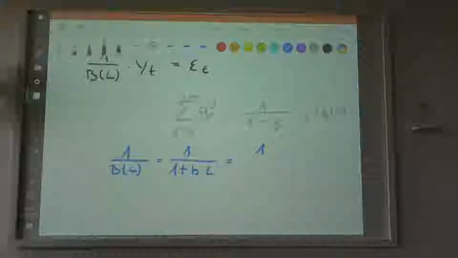So this is going to be equal to 1 over 1 minus, in parentheses, negative b times L. Then it becomes similar to this expression.